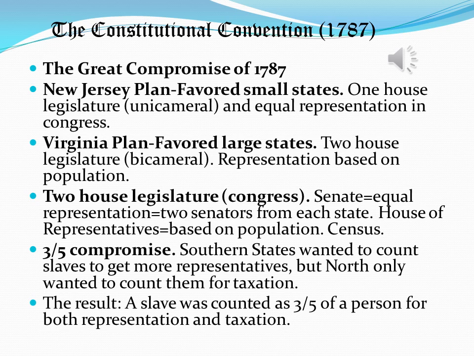So the result was the 3/5 compromise. A slave, who technically had no rights back then, was counted as 3/5 of a person, and this was for both representation and taxation purposes. So those are the major points of the Constitutional Convention that you need to know for your regions.